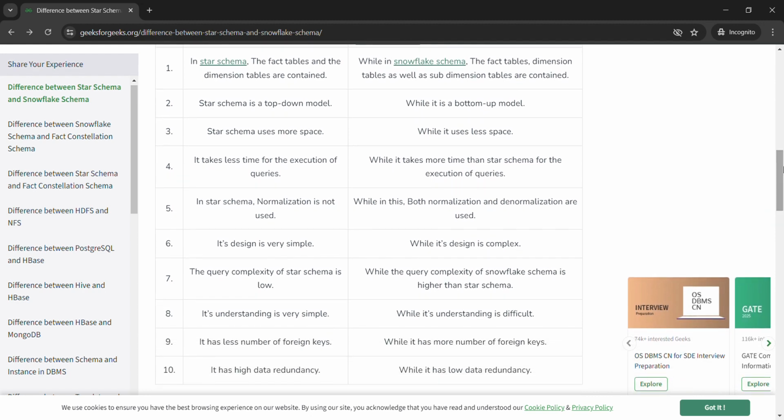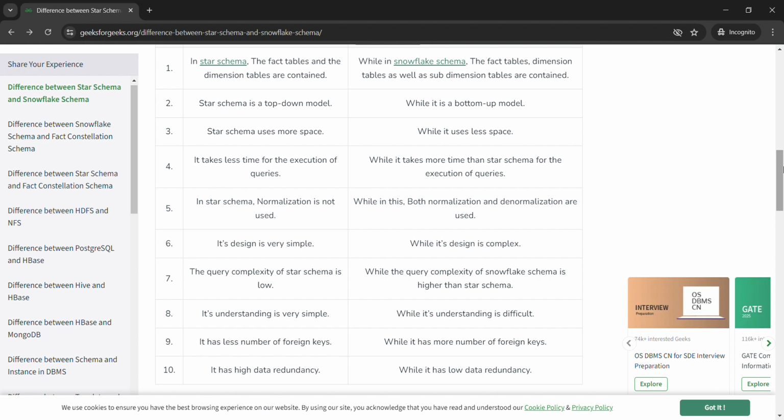In star schema, normalization is not used, while in snowflake both normalization and denormalization are used. Star schema's design is very simple, while snowflake's design is complex.